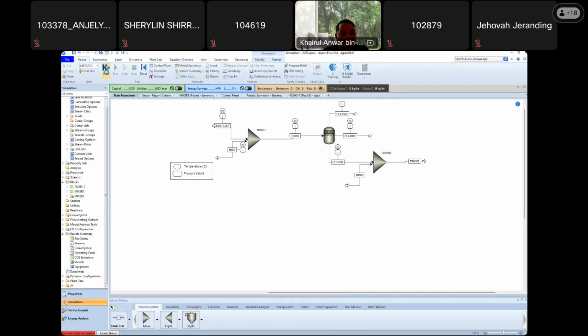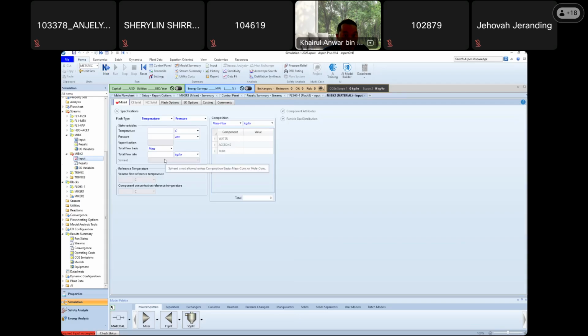Next. For the MIBK2, it is 50 kg per hour of MIBK at 25 degrees C, 1 atm.